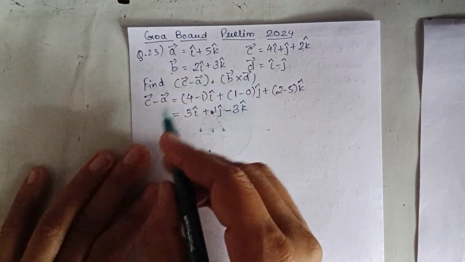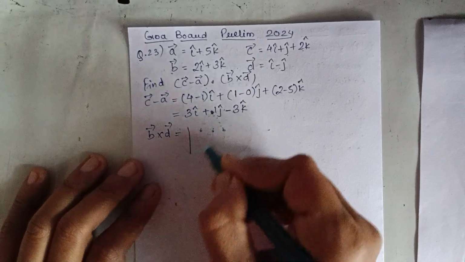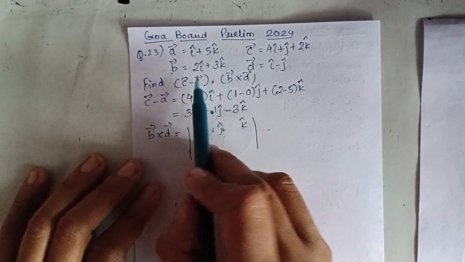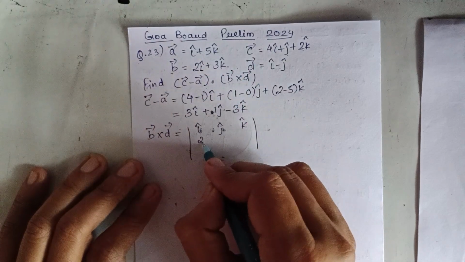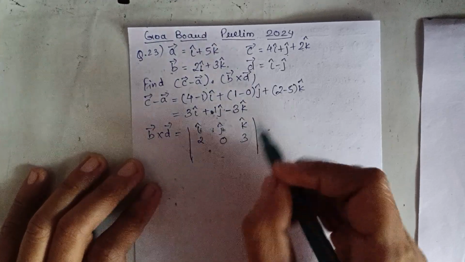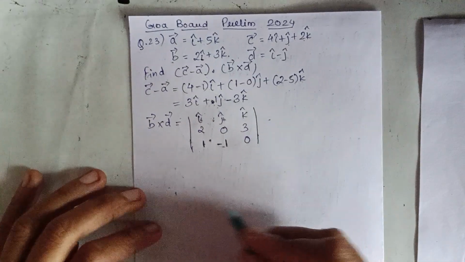Then we have to find b cross d. For this you have to use determinant cross product. B vector 2i plus 3k. So j is not there. D vector i minus j, k is 0.